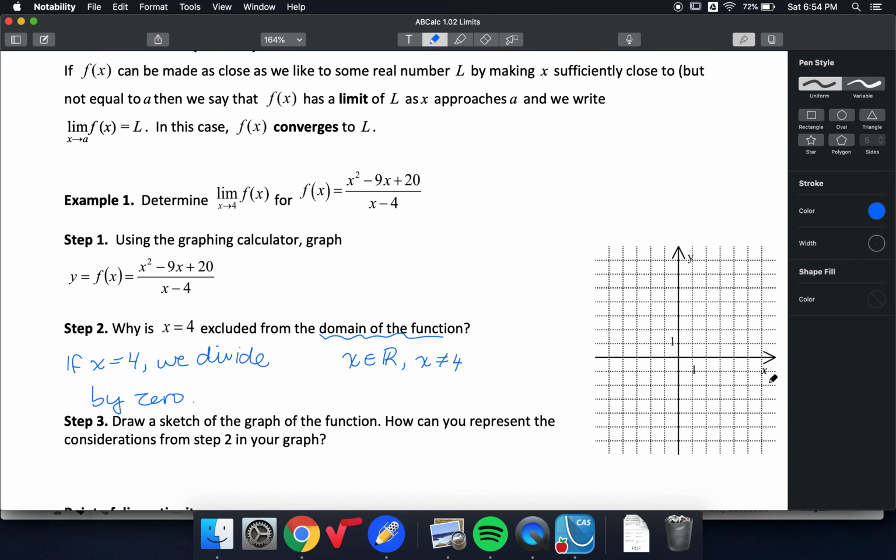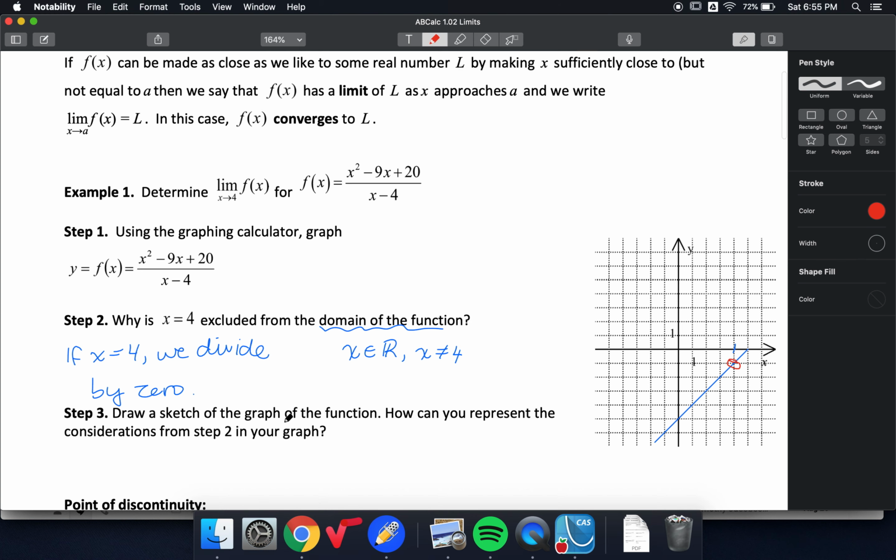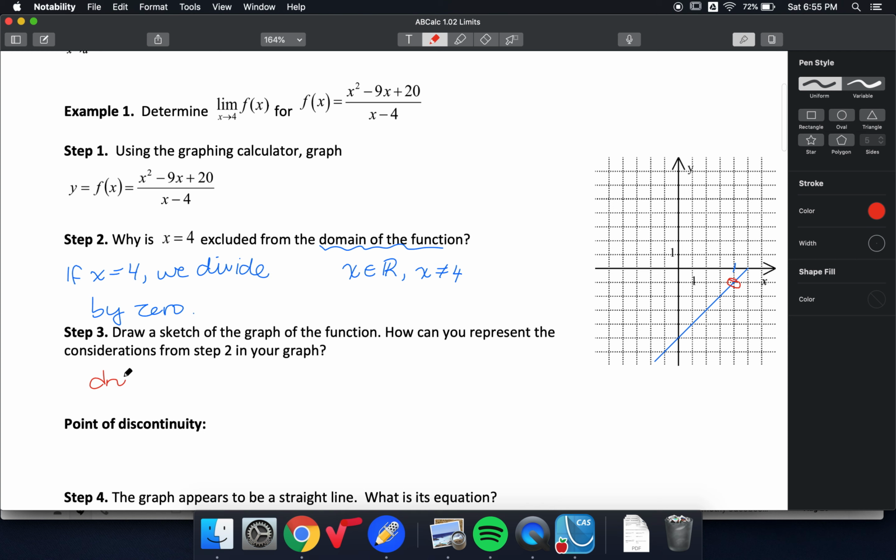So I'm going to come in and sketch that graph. So 1, 2, 3, 4, 5 here. Slope of 1, it looks something like this. The thing is, though, that I know when x is 4, over here, I know my function doesn't exist. So I have to draw a hole here to show that I have a point of discontinuity.